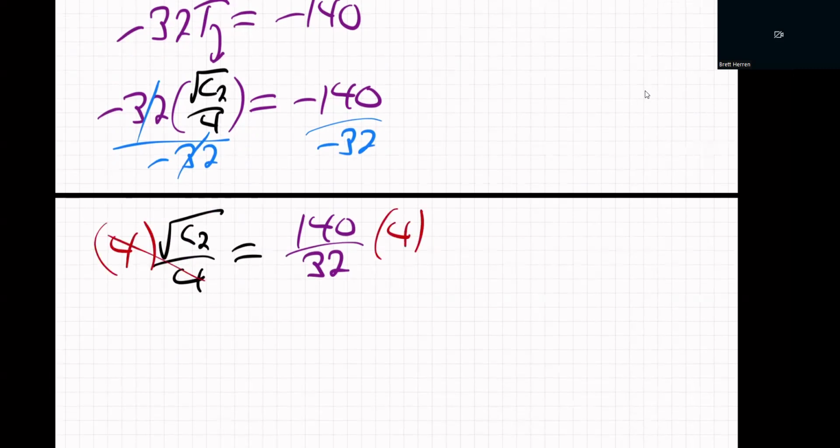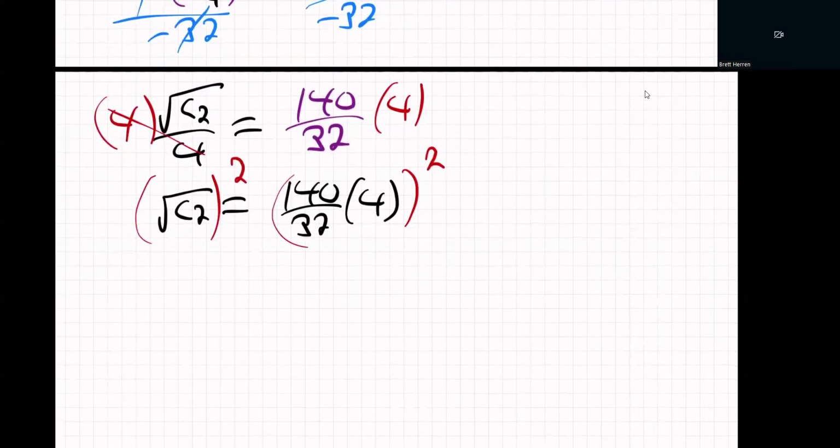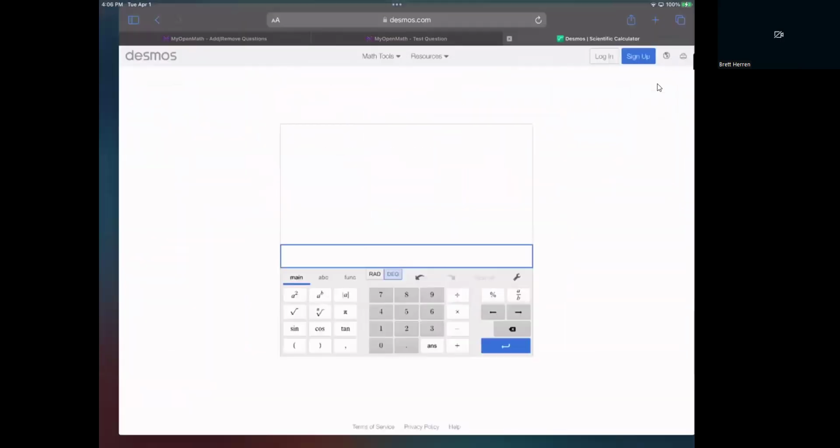And I get the square root of C2 is 140 over 32 times 4. And then, how do you finish getting C2 alone? Second power both sides. So C2 equals 140 over 32 times 4, squared.